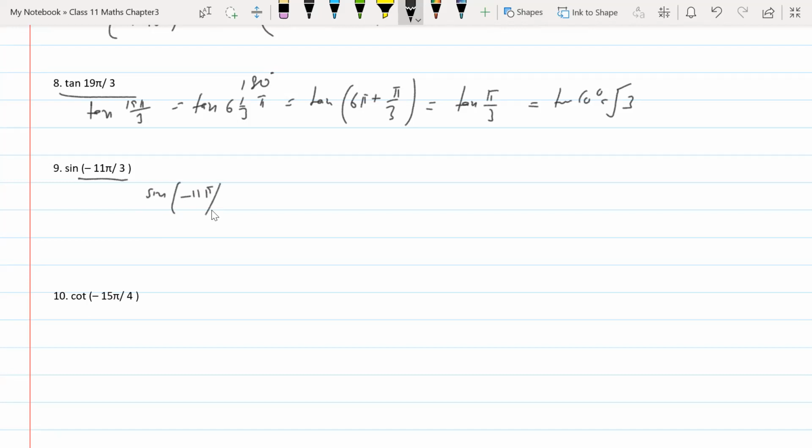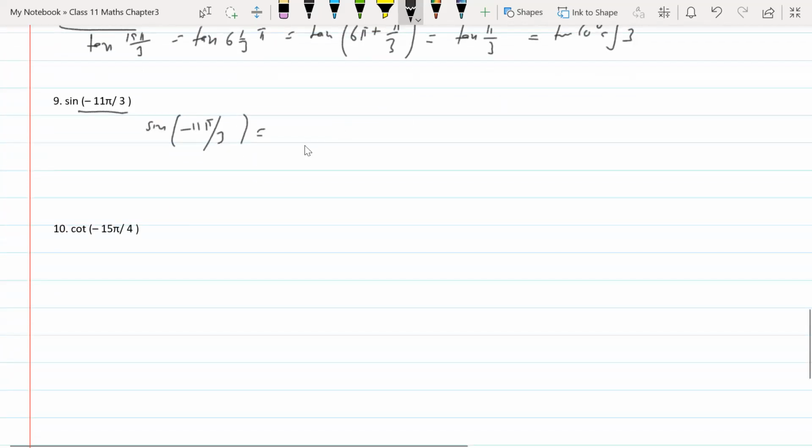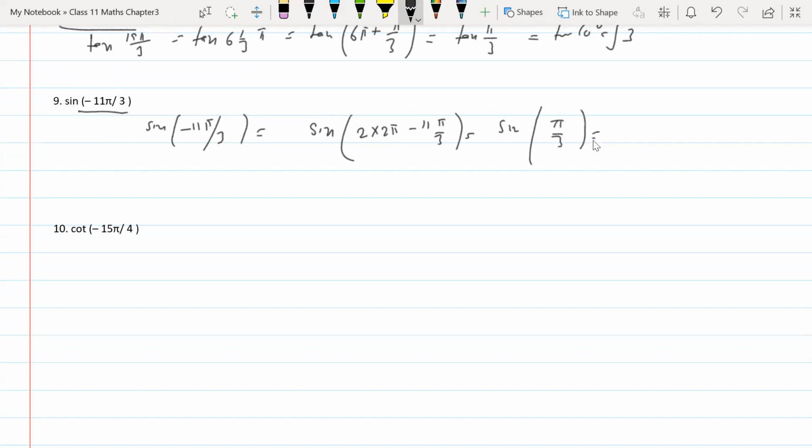Sine minus 11 pi by 3 is sine of 2 into 2 pi minus 11 pi divided by 3, which with simplification is pi by 3. It becomes sine 60 degree, and sine pi by 3 is root 3 by 2.